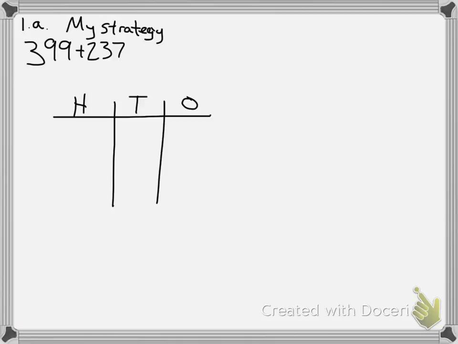And so we've got 399, so 1, 2, 3, 4, 5, 6, 7, 8, 9, and then 1, 2, 3, 4, 5, 6, 7, 8, 9, so 399 plus 237, so 1, 2, 1, 2, 3, 1, 2, 3, 4, 5, 6, and 7.